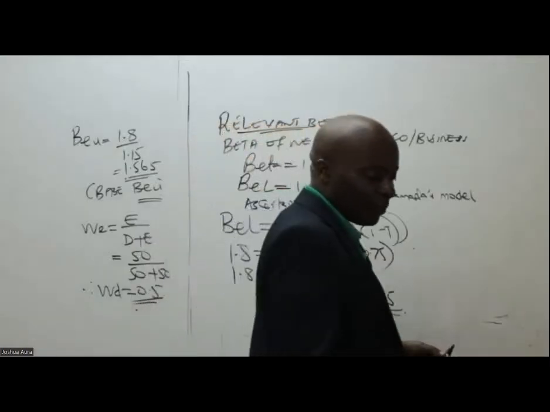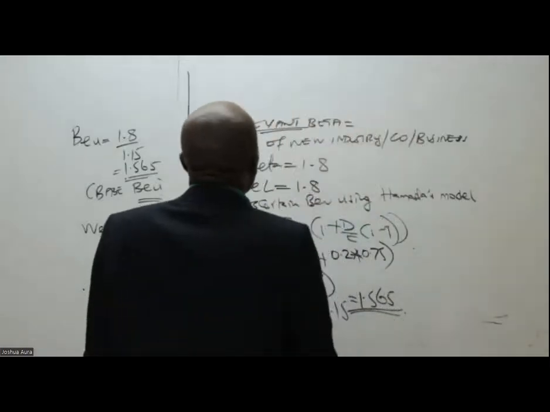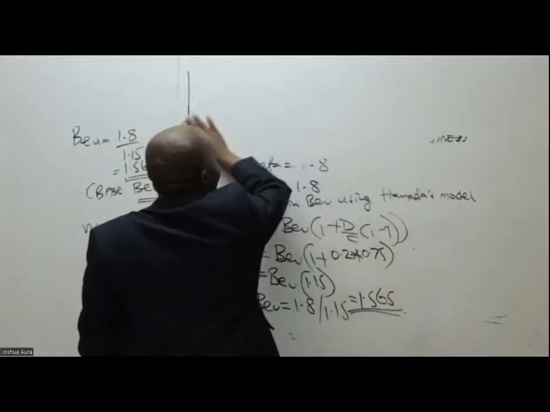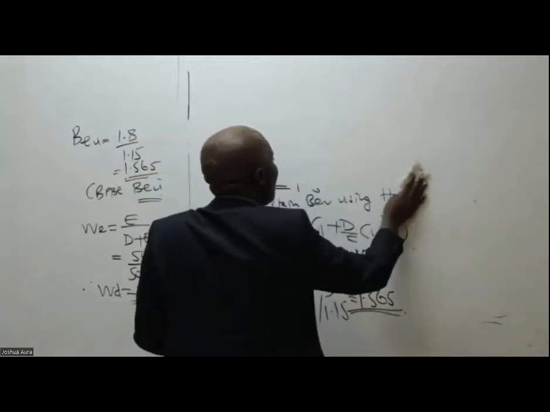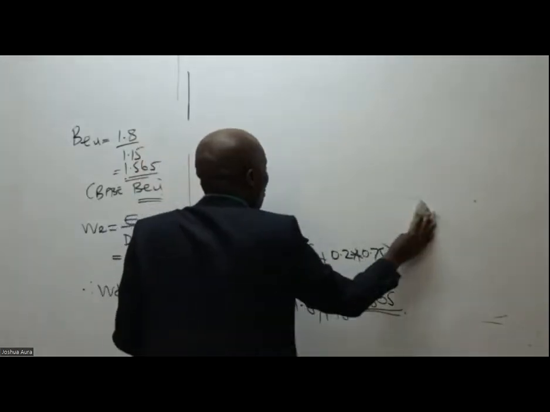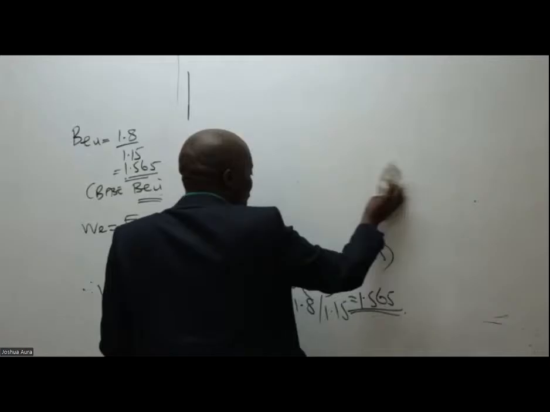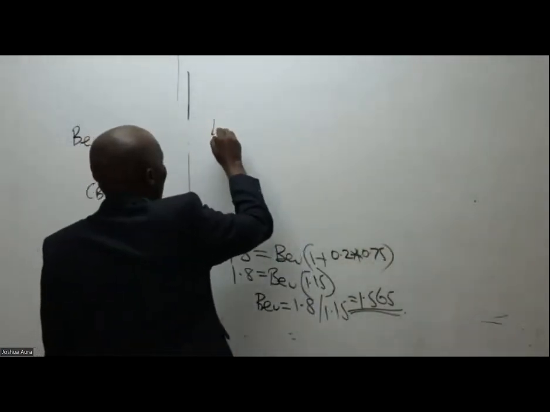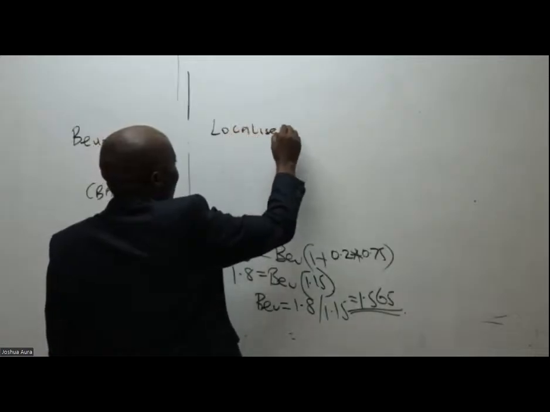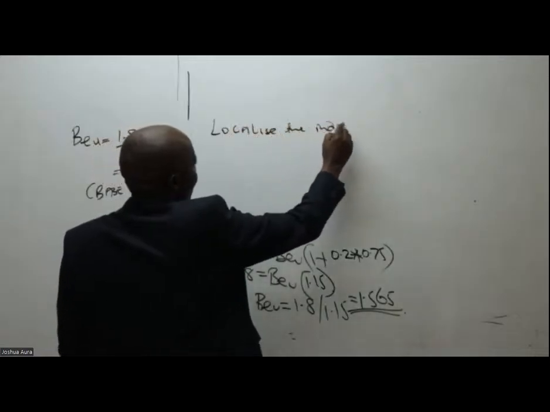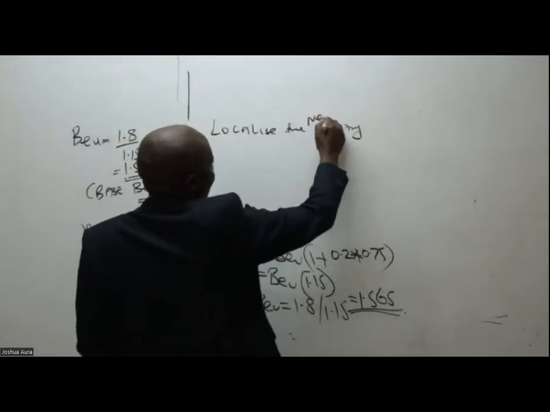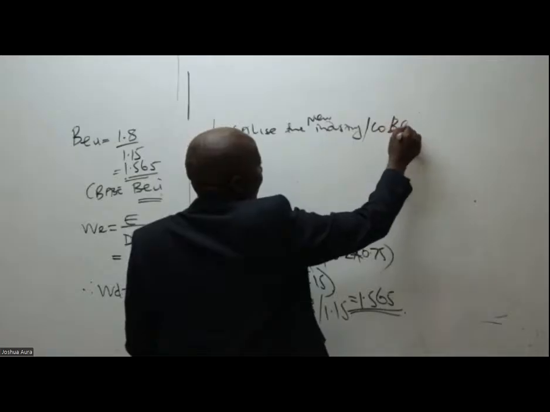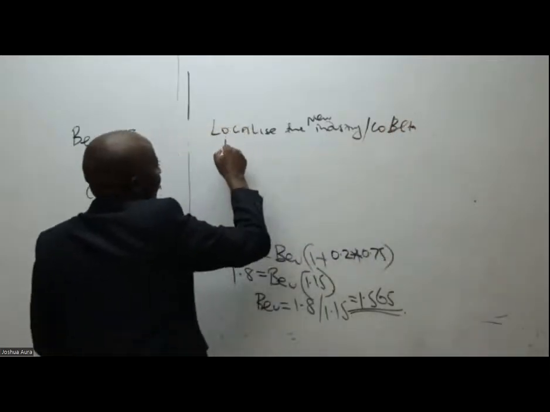Now from there, ladies and gentlemen, using this base beta, I should be able to localize. So you localize the industry, new company or new business beta to the firm.